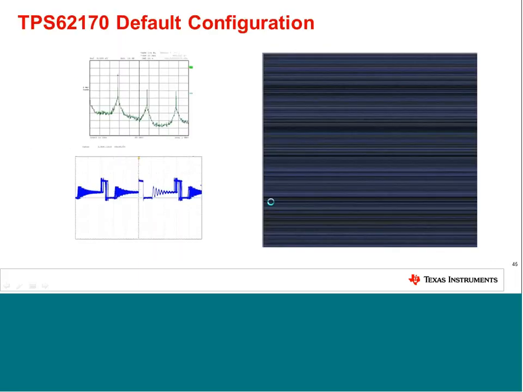And if I look at the power supply in the default configuration, it is operating in a light load condition, or what we call power save mode. And in this power save mode, the frequency is controlled by comparators detecting zero current. What you can see when you look at the switching waveform is significant jitter.